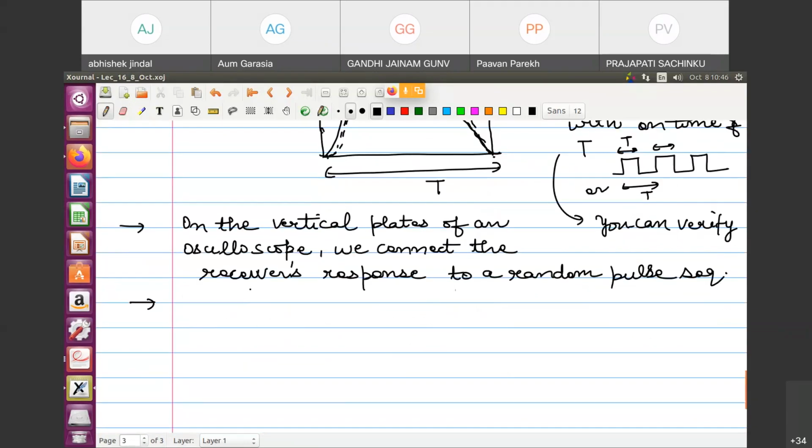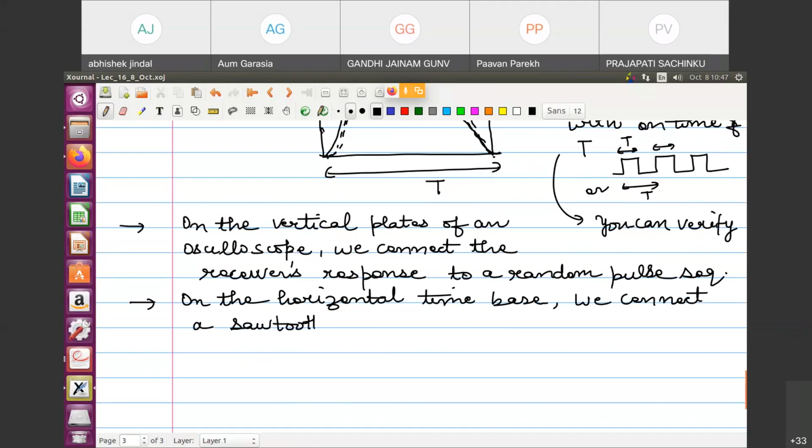On the horizontal time base, it is a sawtooth waveform. On the horizontal time base, we connect a sawtooth wave at the signaling frequency. That is important.